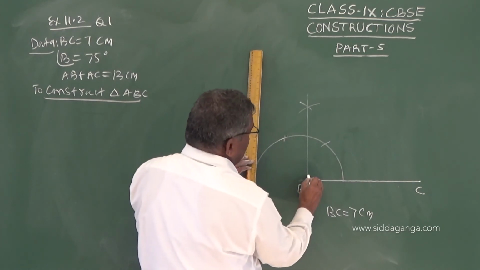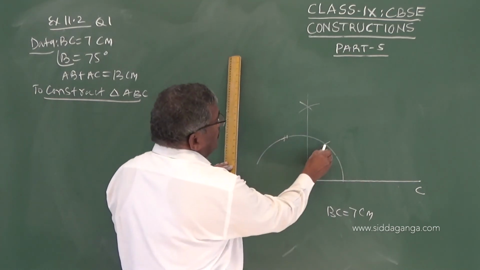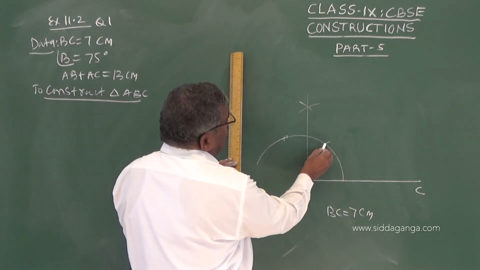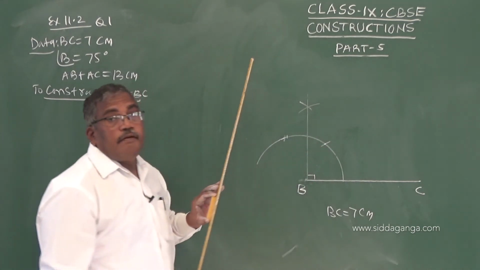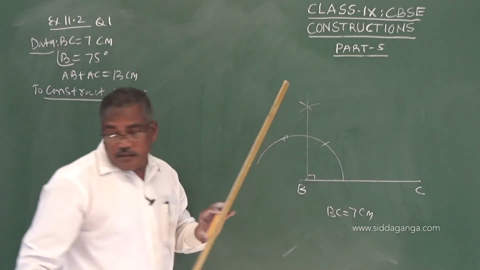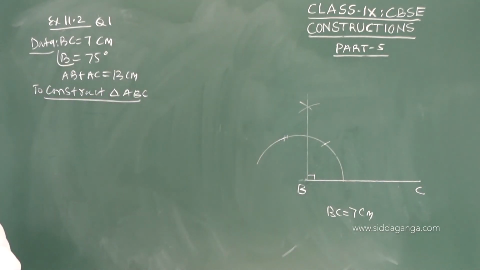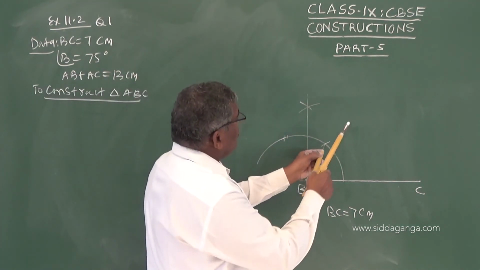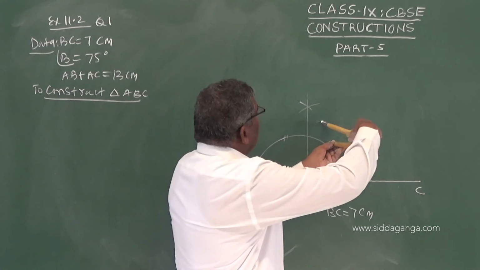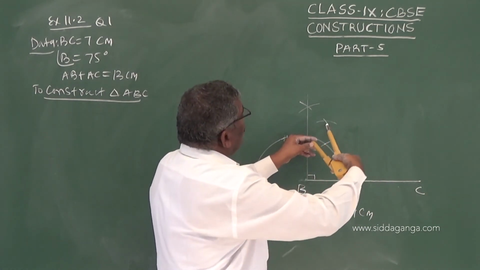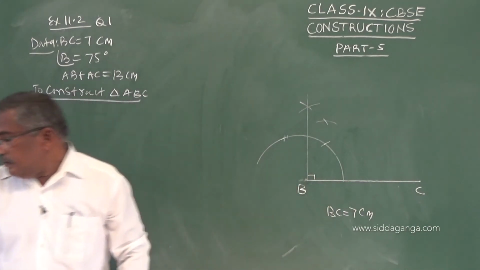You know that this is 60 degree and this is 90 degree. From 60 to 90 there is a 30 degree difference. We want 75, which means we have to bisect this angle. So you bisect it from this point and from the 90 degree point, I will cut this.